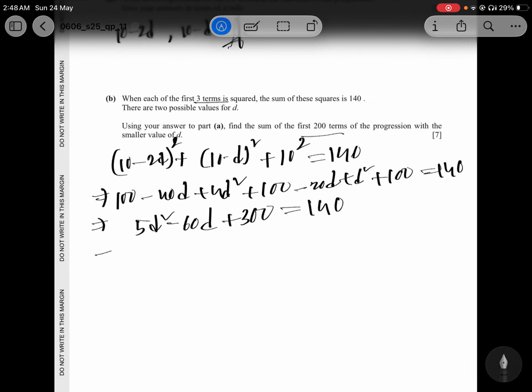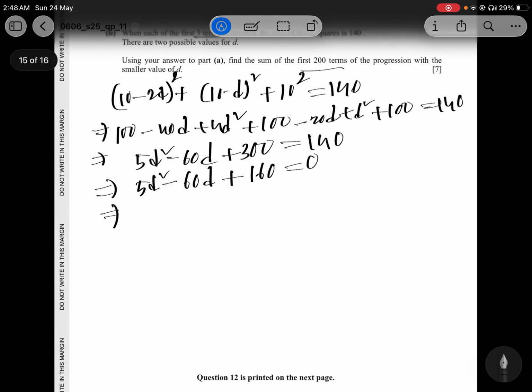140. 5d square 60d plus 300, 160. Okay. D square minus 12d. 5 times only 32 most probably. 0, right? So 32, 12, 8 and 4.